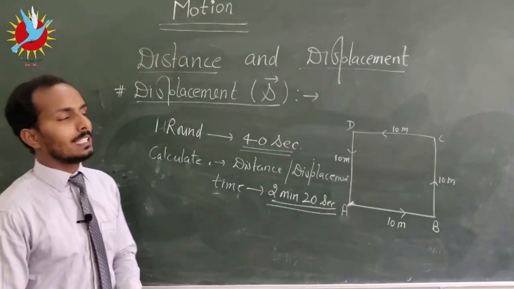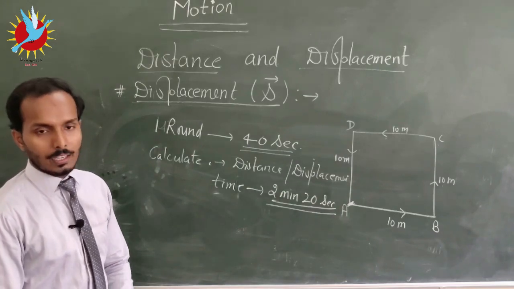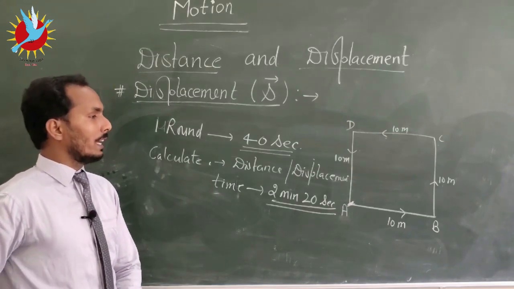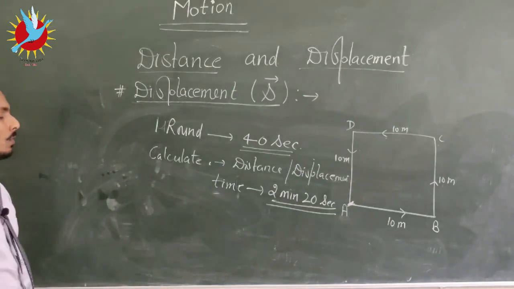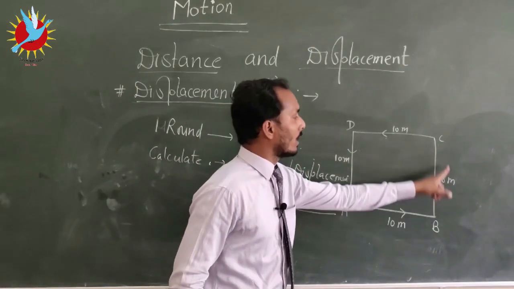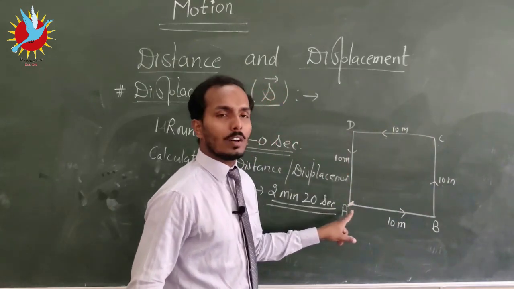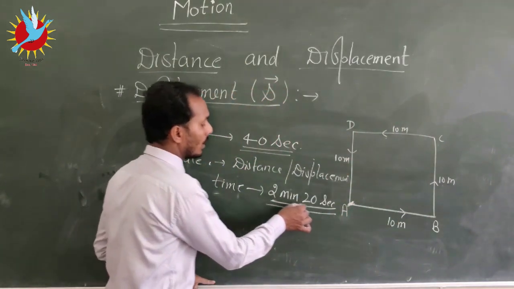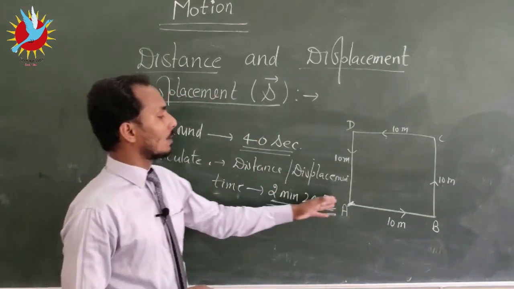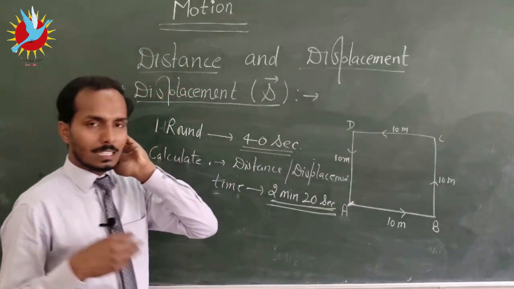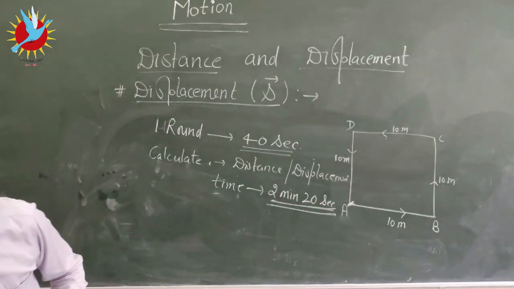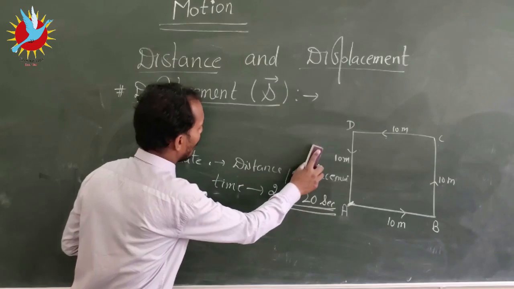Then calculate the distance and displacement covered by the farmer. How do we solve this question?